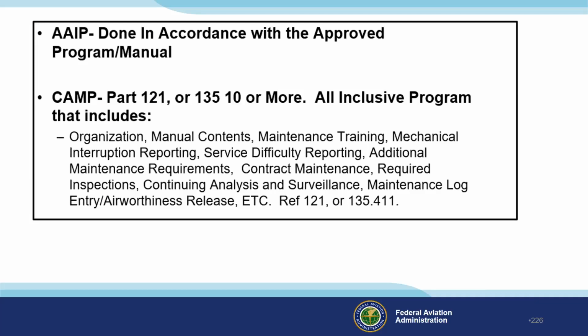We call those RII, and a CAS system, a continuing analysis and surveillance system, and also requires a maintenance log entry, commonly referred to as an airworthiness release after any maintenance, and so on and so forth.